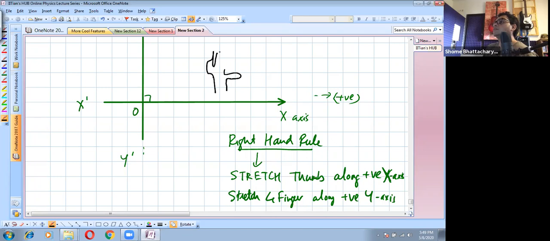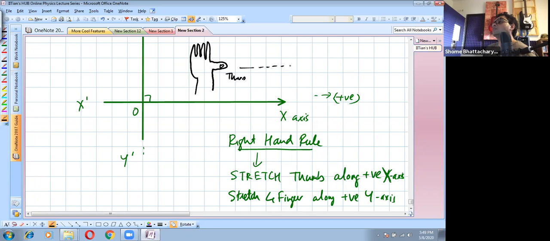This is how your palm will look. Roughly speaking. Very bad condition. This will look something like this. Your four fingers will look like this, and your thumb pointed out will look like this. So this is your thumb.